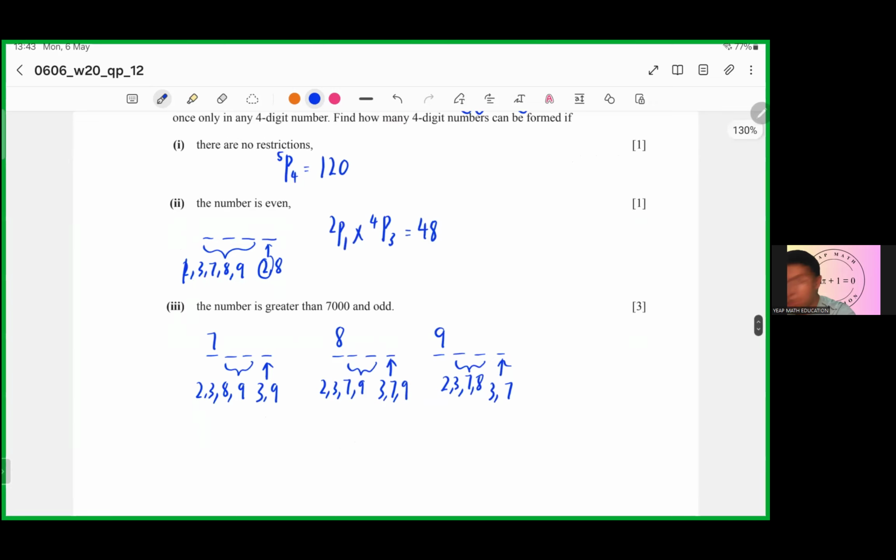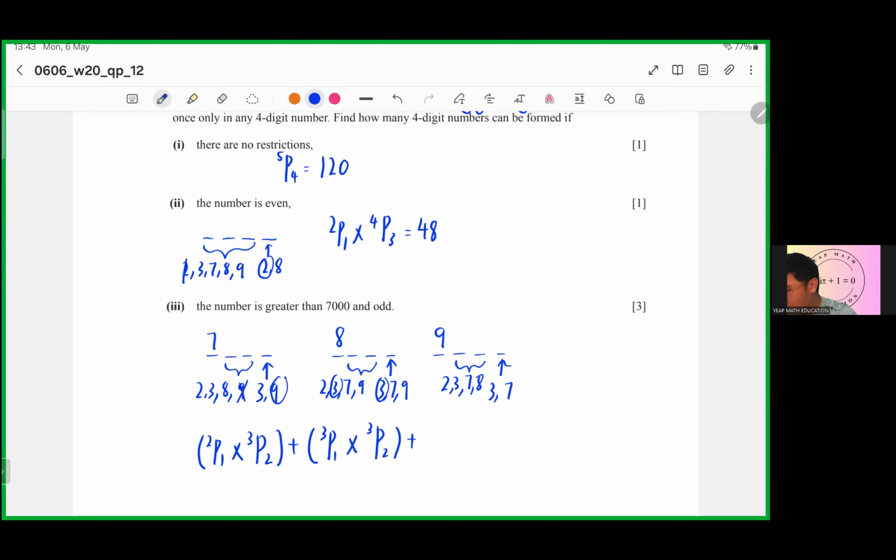So four numbers on the line. First, these two numbers, 2P1 multiply. Don't forget that the number can be used one time only. So if I use the 9, you cannot use it again. So we take 3P2 plus 3P1. Why? Because three numbers we can use. Multiply. If I use 3, this 3 cannot be used. We just take 3P2.